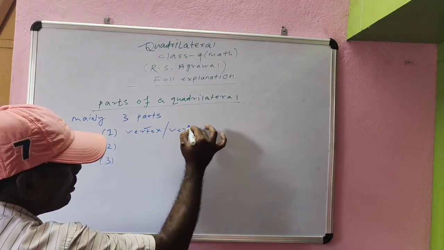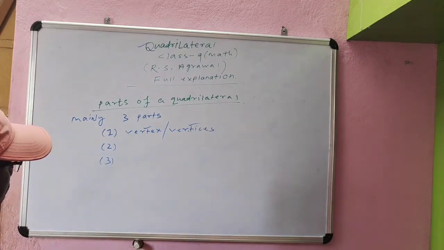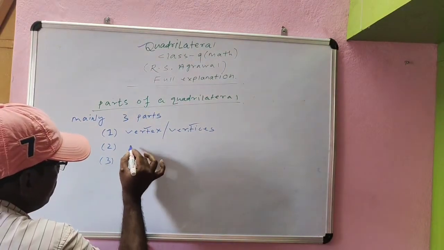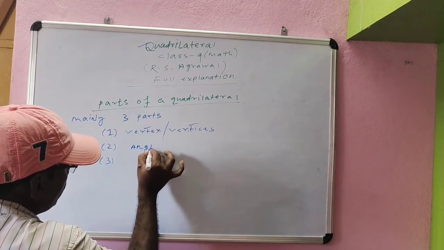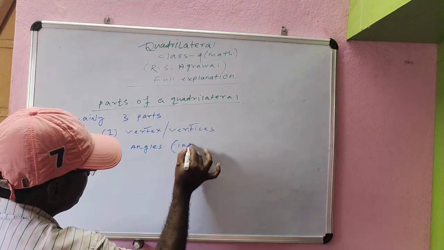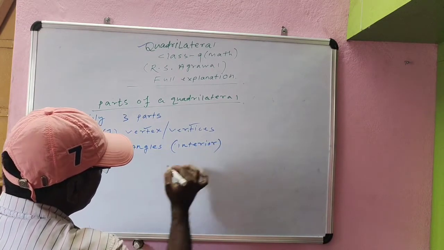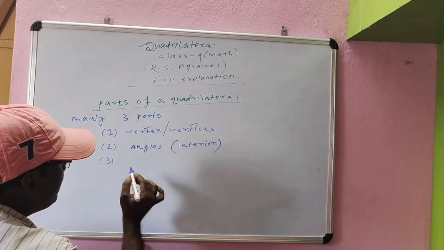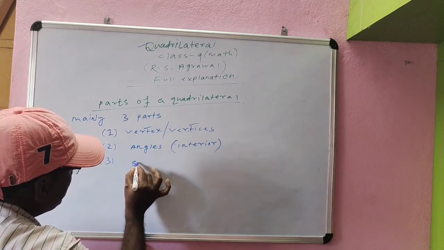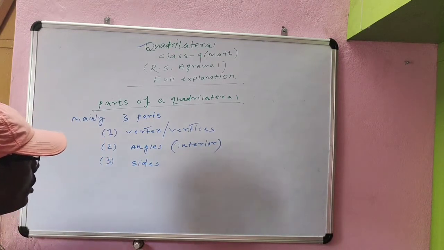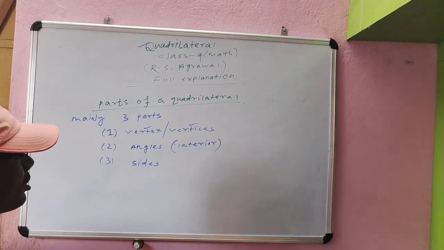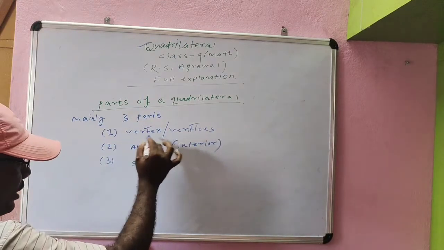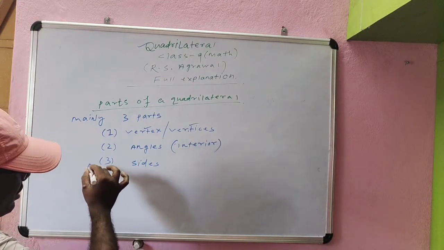It is the singular term, and this is the plural term. It is the first part of a quadrilateral. The second part is angles, the interior angles. And the third part is sides. So there are three main parts in a quadrilateral: vertices, angles, and sides.